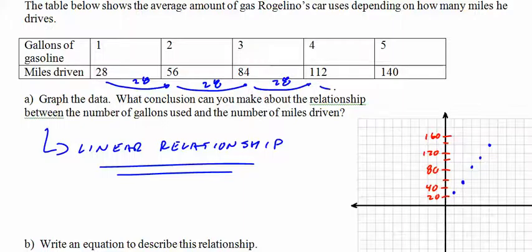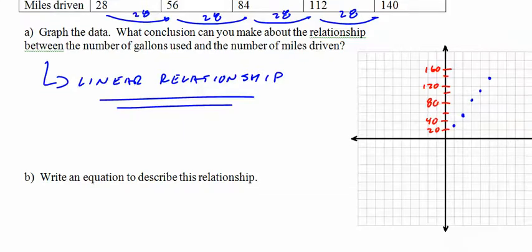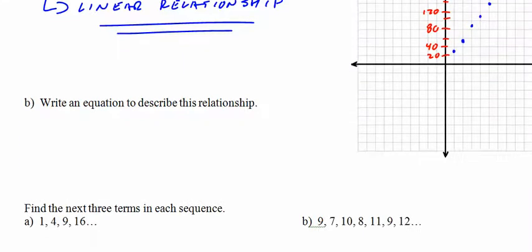Cool. Here it goes up by 28. Very interesting. So the first one is 28. So I get this whole mileage equals his first mileage, 28 miles I should say, plus some n minus 1 thing here. And we said it went up by 28.